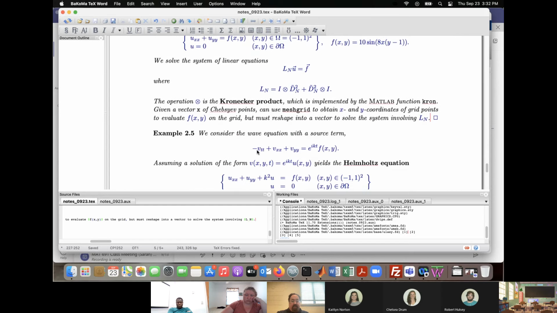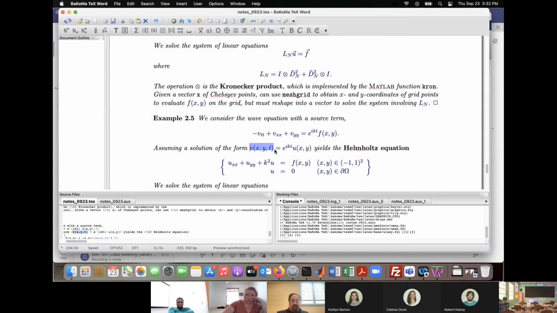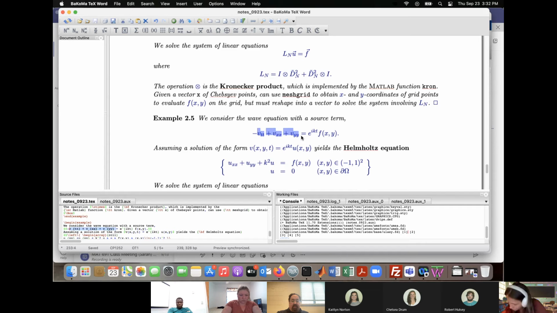And finally, here's a wave equation, in 2 dimensions, and here we have a source term. If you let V, the solution, have this form, a function of t times a function of only x and y, you substitute that in here, then the PDE simplifies and you end up with this.